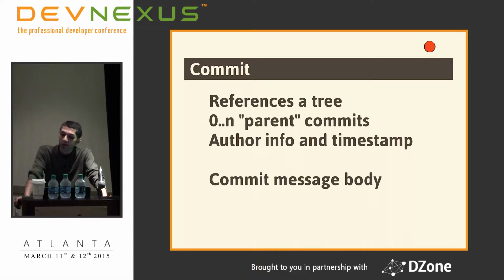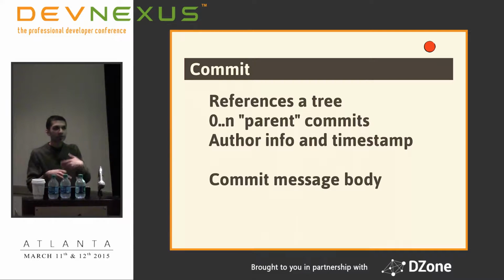A commit references something called a tree. A tree is the state of your working directory as it was when you made the commit. So let's say your working directory was a root level with one file in it. What does a tree look like? Root directory with one file, right? So there is a tree that the commit points to.